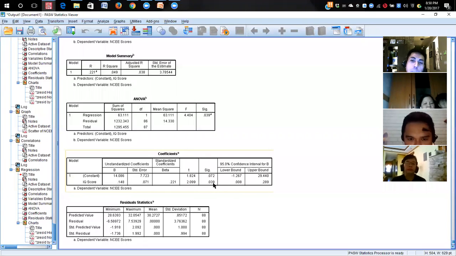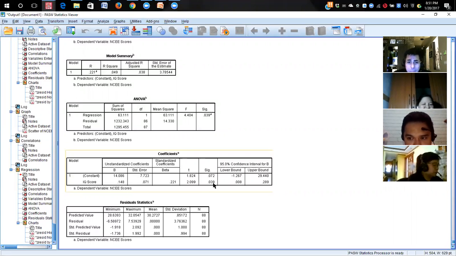It's only 0.221, and in correlations, the higher the R, the higher the correlation. If we had a 0.89 or 0.9, that's a very high correlation, a very strong association, and that has more predictive power. But for us, we only get 0.221 in our simple correlations.